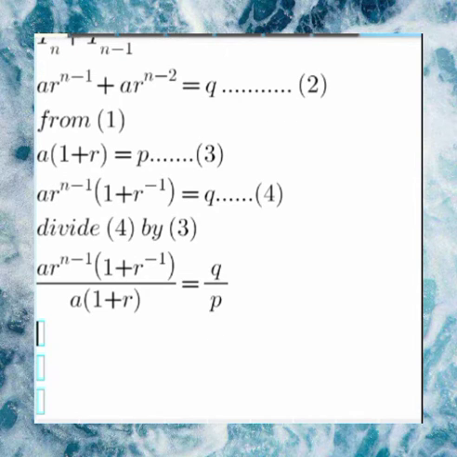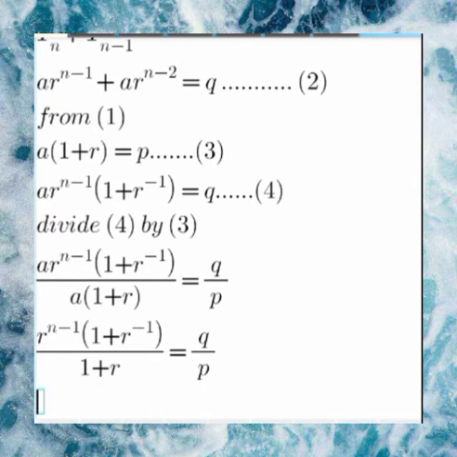So the a in the denominator and the numerator of the left hand side will cancel out each other, so we are left with r raised to power n minus 1 into 1 plus r raised to power minus 1, divided by 1 plus r, equals q over p.